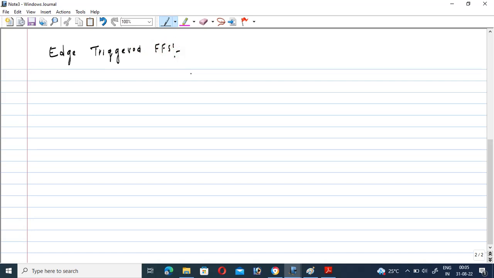Edge triggered flip-flops means that the flip-flops respond only during the clock transition.